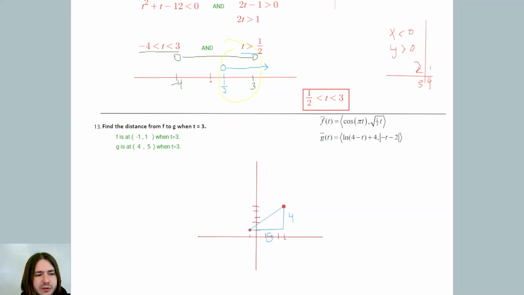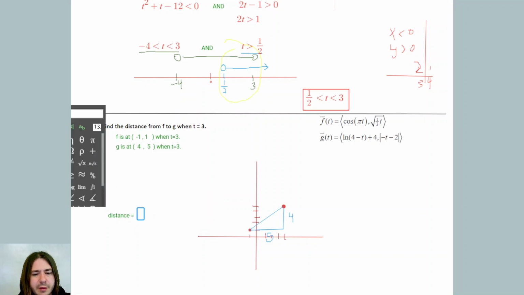And so the distance is going to be equal to the square root of a squared plus b squared. So in this case, that'd be 4 squared plus 5 squared.